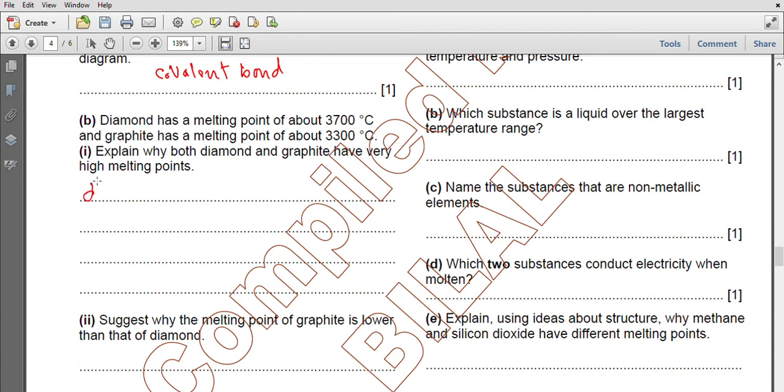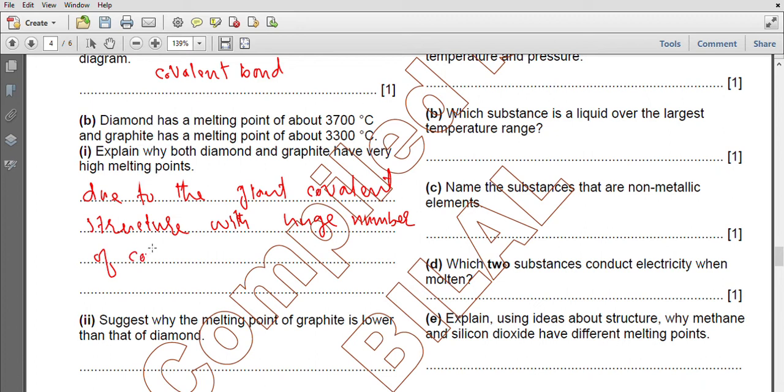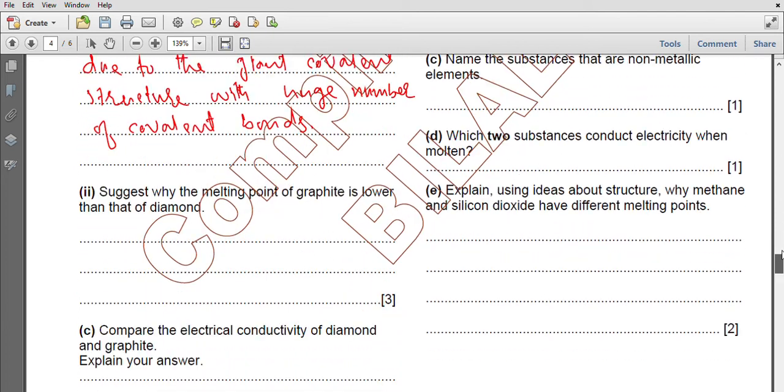So we simply say due to the giant covalent structure with a huge number of covalent bonds. So that is why both diamond and graphite have high melting points.